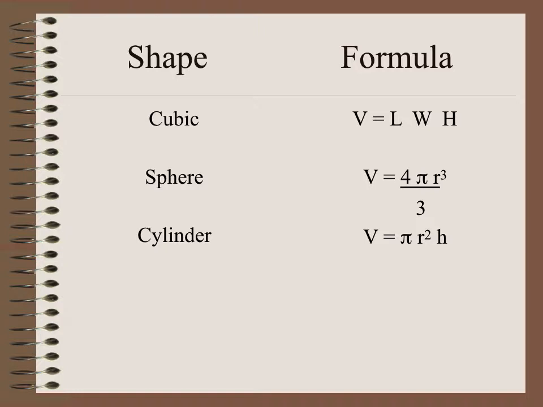Now, just like with area, when we found the area of a circle, we put 3.14 in for pi. We want to do the same thing here, because having a measurement in terms of a decimal is going to be far more useful than keeping our answer in terms of pi. So always multiply pi out. You will want to put these formulas on your formula card under Basics, under a heading of volume.